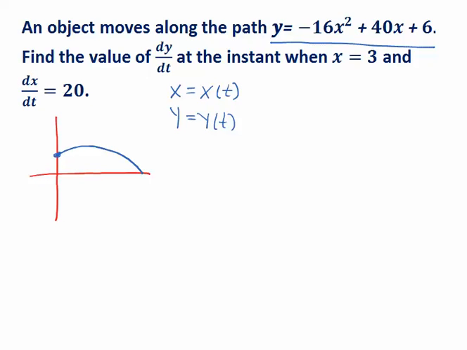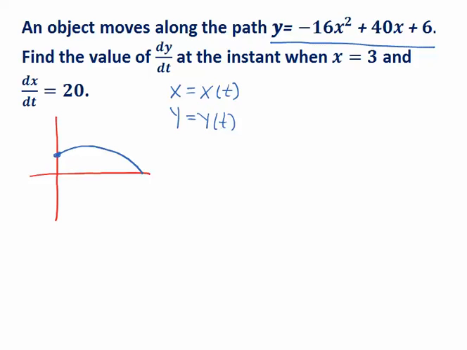Now the fact that the path has this equation tells us that the position x and the position y are related to each other. Those two functions of time are related to each other by this equation. And therefore, the rates at which those x and y values are changing are also related to each other. Here's how we can see that.